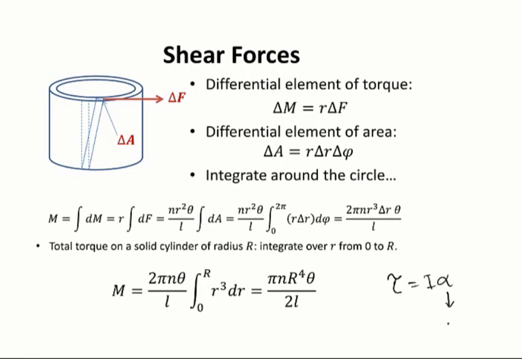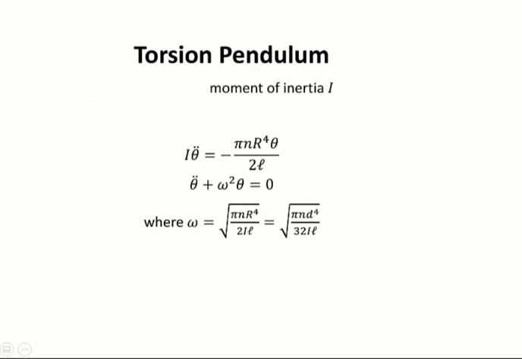We can write this alpha as theta double dot as well. So we can write down the previous as this expression. We have this minus sign here because of the restoring torque we talk about, okay? So by comparing this expression with this ideal expression, we can find out the angular frequency as well.